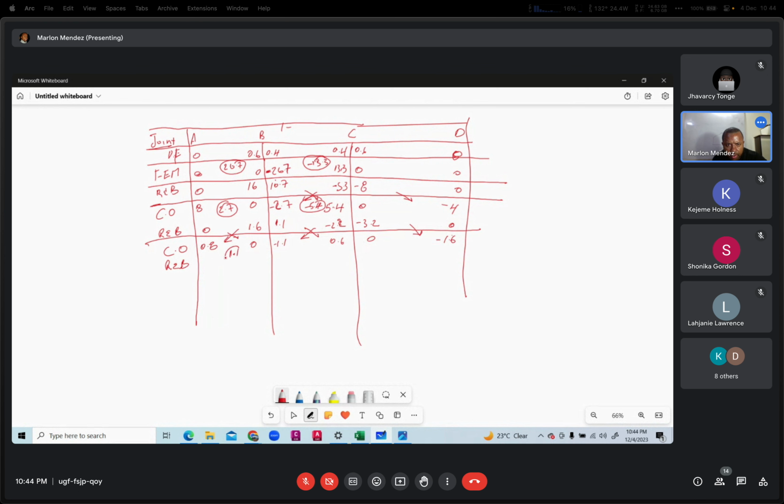Point 1, because this was negative, this becomes positive. You apply the distribution factor to this. This now becomes 0.7. This now becomes 0.4.